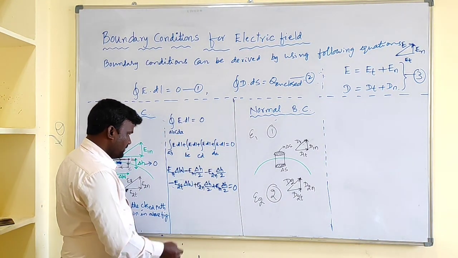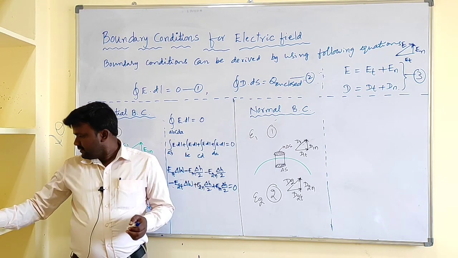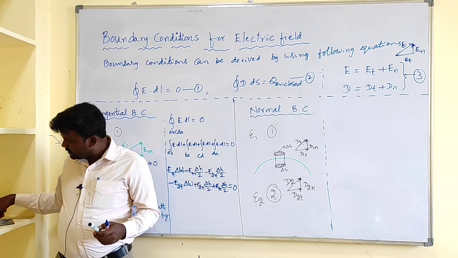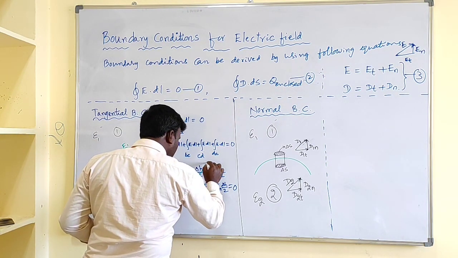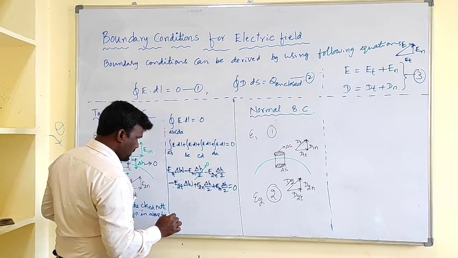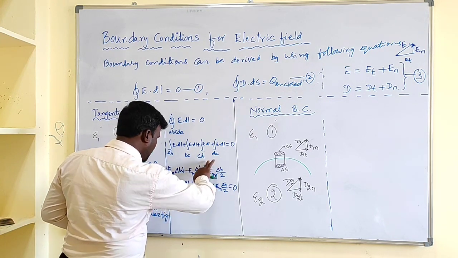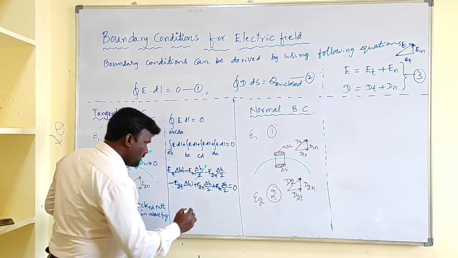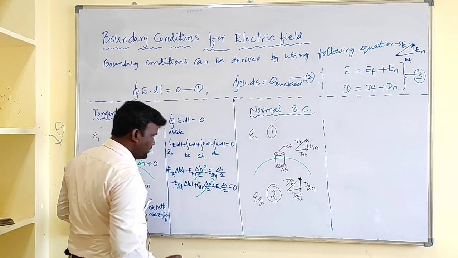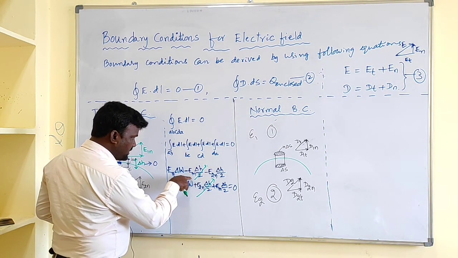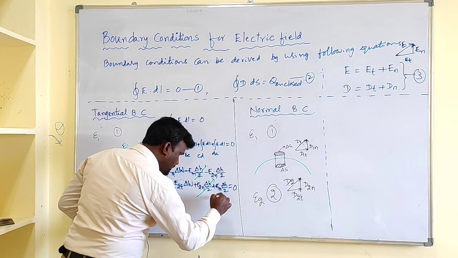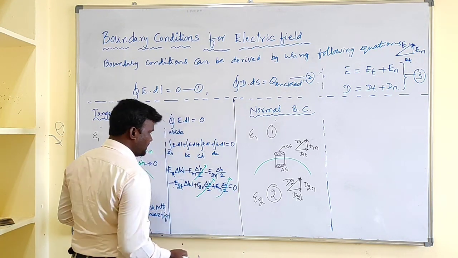Means here this one equal to 0, this one equal to 0, and this one is cancelled. Minus E1n delta h by 2 plus E1n delta h by 2 cancelled out.